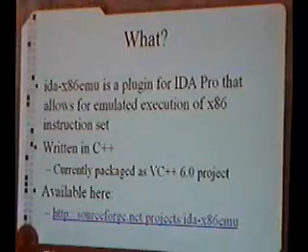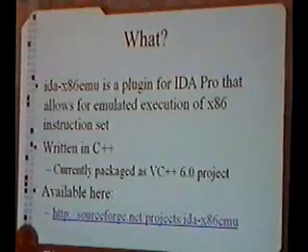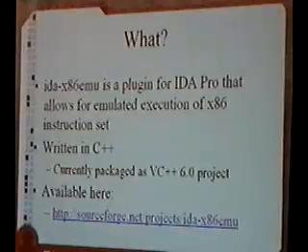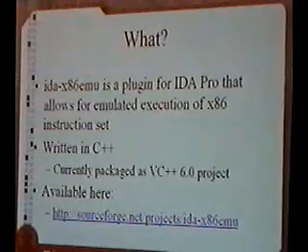But one of the things I find useful when I'm reverse engineering, I end up doing a lot of hand tracing through code. What is this code doing? Keeping track of register values and whatnot. And I had always wished that I had something that would do it for me. Just step, step, step, boom, what's in the EAX now? Well, you can do emulated execution. You can see the code right there in front of you. Let somebody else execute it, and that's what the plugin does.